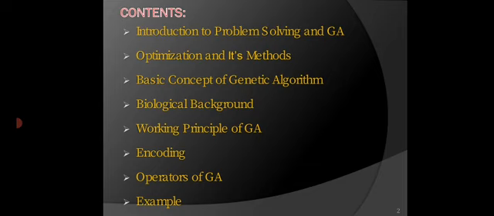Right? These topics are covered in the first video. Now in this video I will discuss the important topic of GA operators and one sample example of how GA programming runs. Let's start.